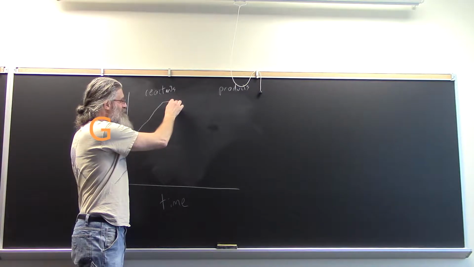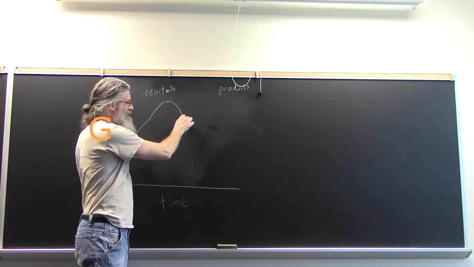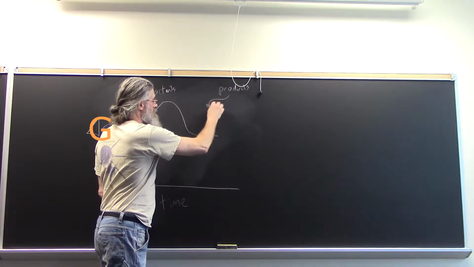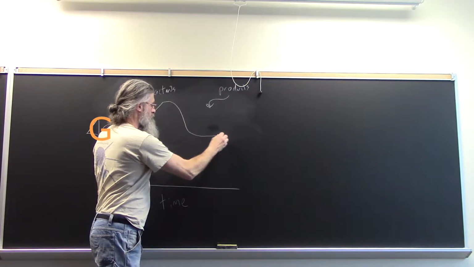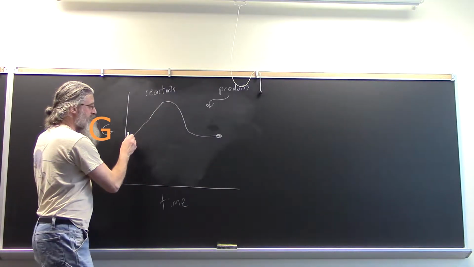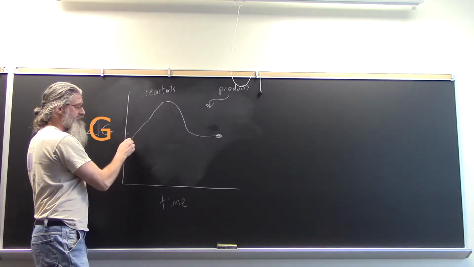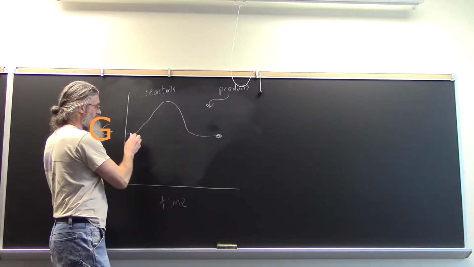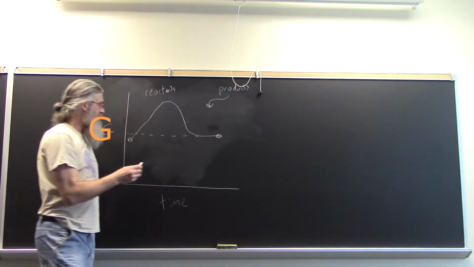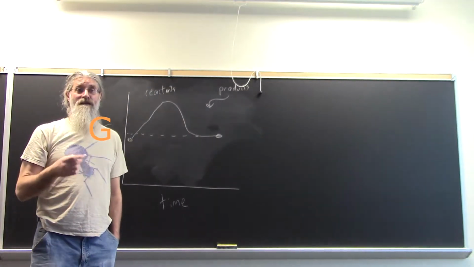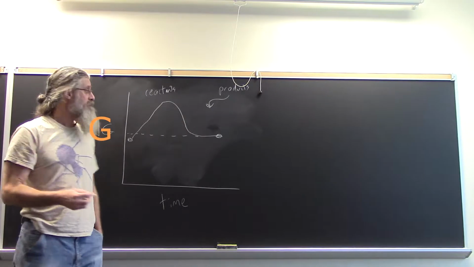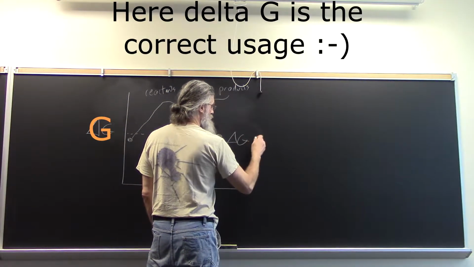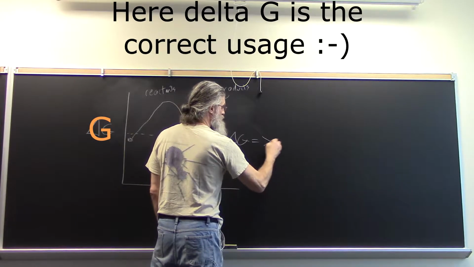And then you'll have a reaction that goes on, and you'll end up with the products, whatever those are. So if the Gibbs free energy associated with the reactants is less than the energy associated with the products, it means that a net amount of energy has to have been put into the system, and that is, the delta G is greater than 0, it's positive.